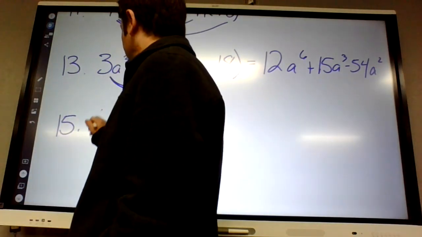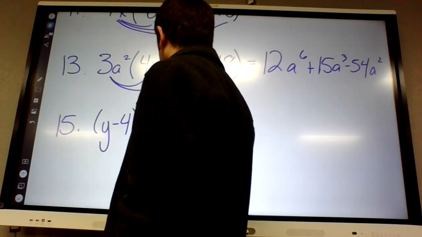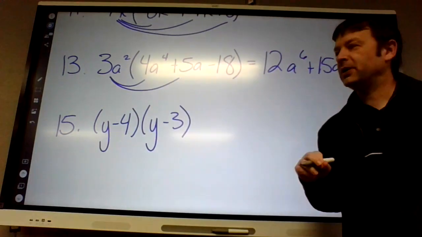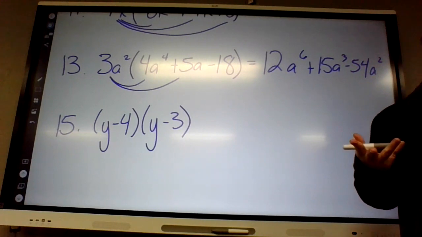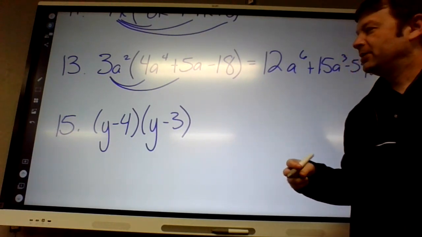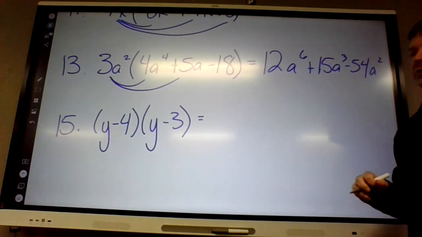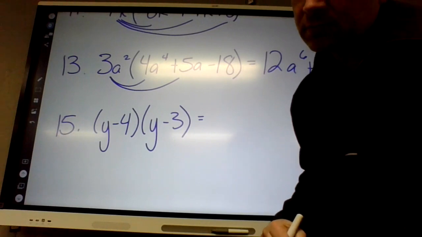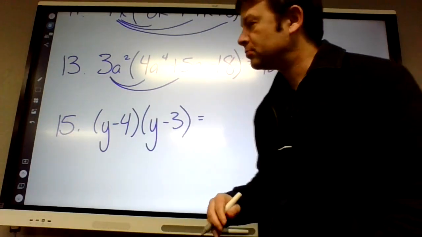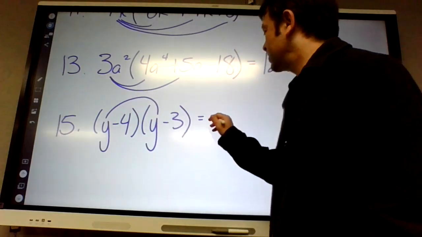(y minus 4), what's different about 15? It's not distributive property. Well, it's a FOIL problem, which is kind of like distributive property, but a little bit more. Okay, so Timothy, what would the first be? y squared.